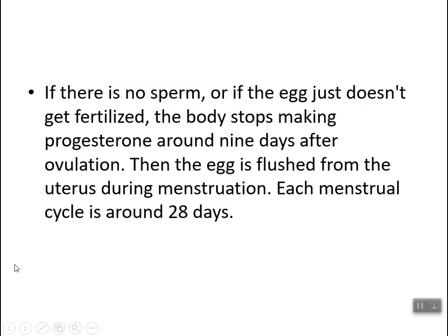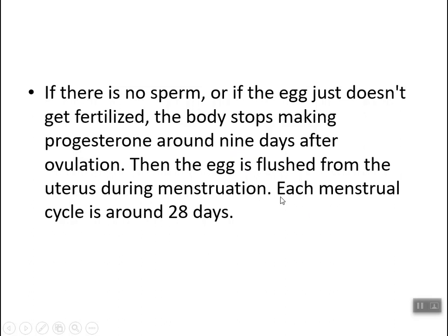If there is no sperm, or if the egg doesn't get fertilized, the body stops making progesterone. Around 9 days after ovulation, the secretion of progesterone ceases. Then the egg is flushed from the uterus during menstruation.